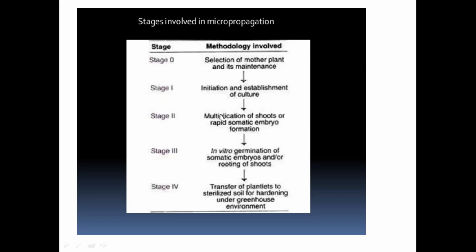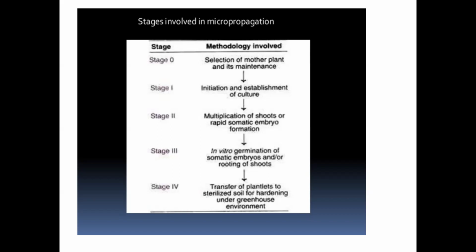So whatever process you use for micropropagation, from explant to callus, callus to shooting, shooting to rooting, rooting to the entire plant and then hardening, or from callus you go directly to embryo development, or from the explant you go directly to embryo development.